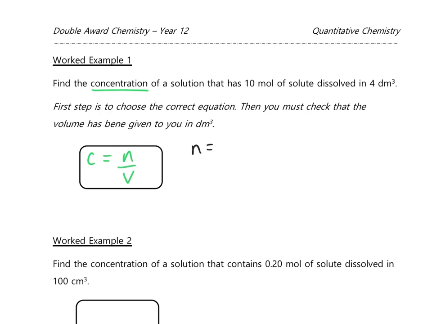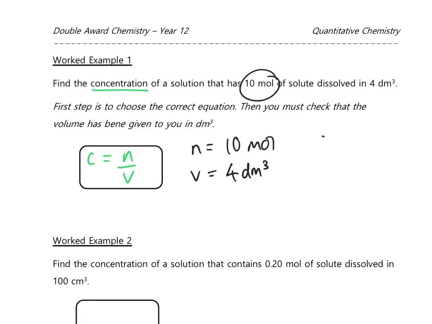So number of moles, how many moles do I have? 10. Volume. What unit must volume be in? Decimeters cubed, yes. Which it already is, so I don't need to convert that.